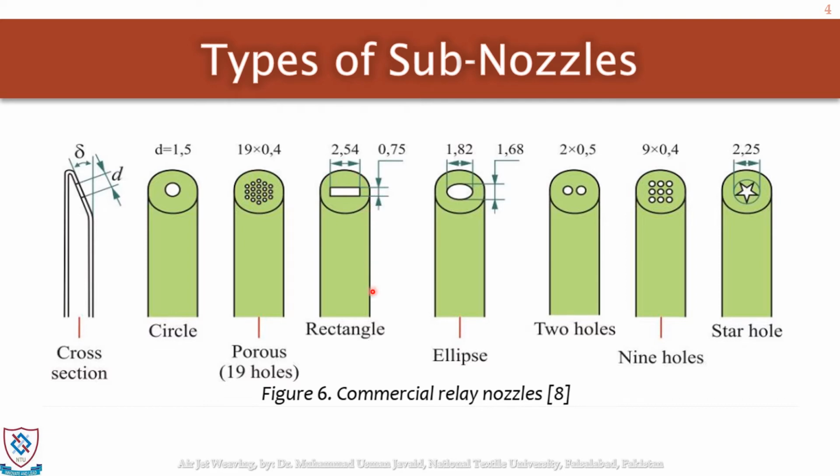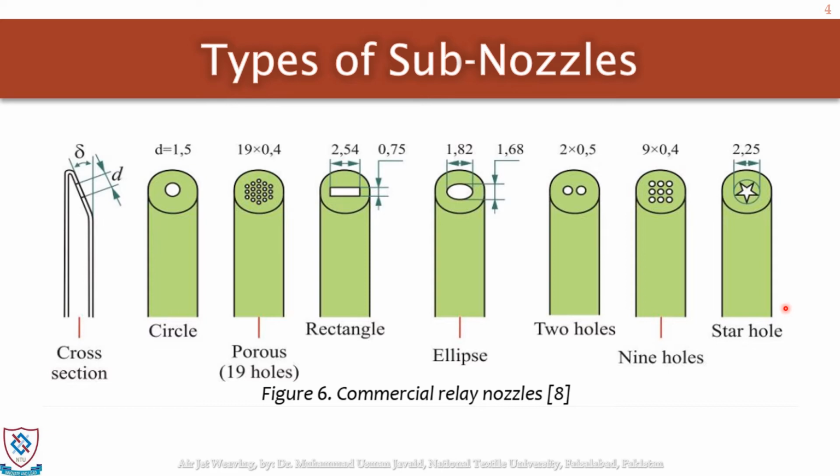A rectangular shape may be possible. I have not seen it available commercially, but maybe in the research. Elliptical is another option. Two holes of circular shape may be there, and a square grid of circular holes, or different shapes, maybe star holes.